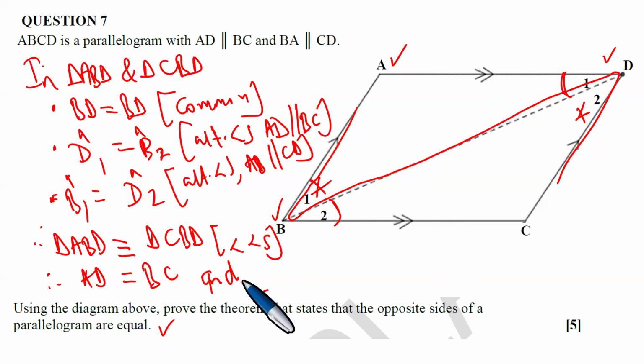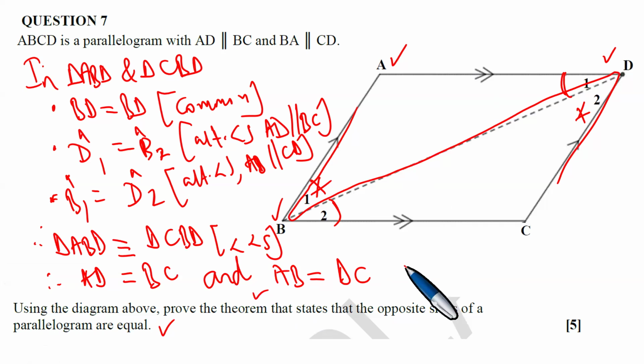And AB is equal to DC. Okay. All right, just take note of that: AD is equal to BC and AB is equal to DC.